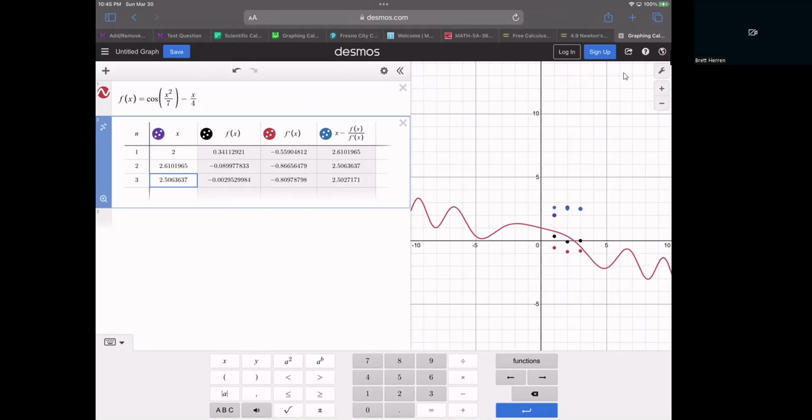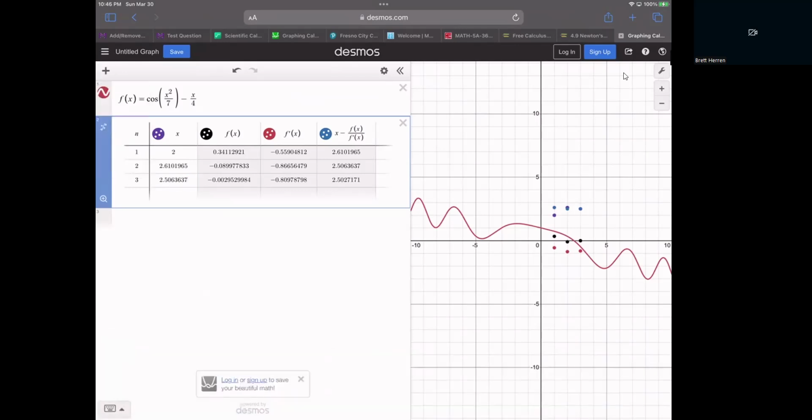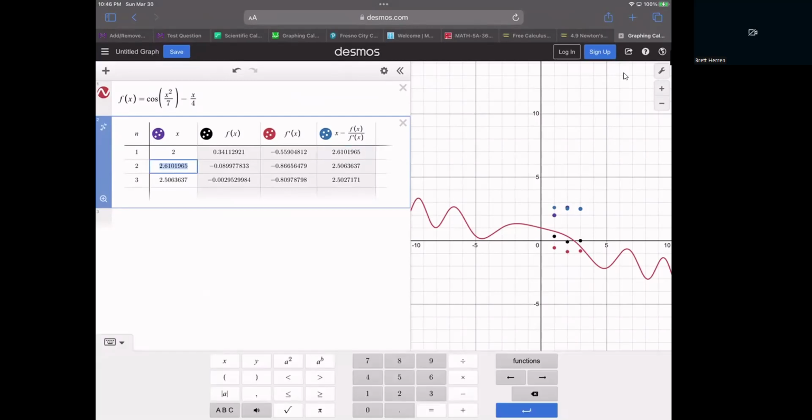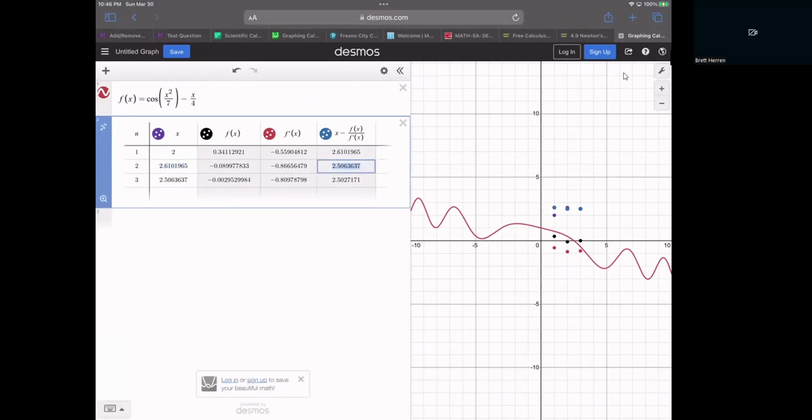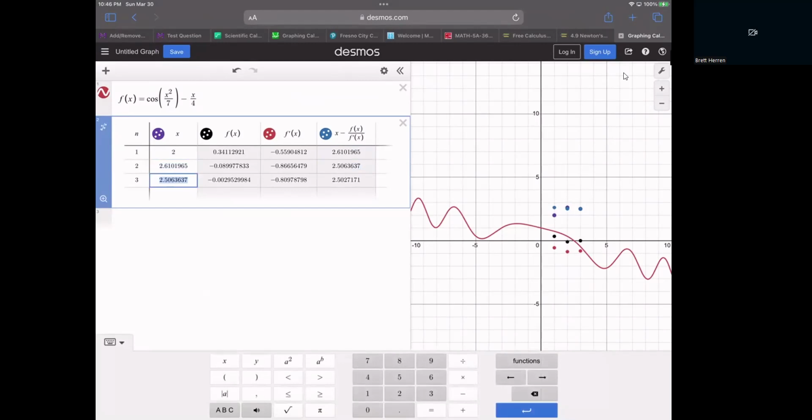Second line, I did this plus sign button up here, and you add a table, and then you just put those new titles, and I put in the first x value is 2, notice. And then whatever I got here, I then copy down to there myself. And then when I get here, I copy down to there. And there it is. You see, there's x3, 2.506, 3637.